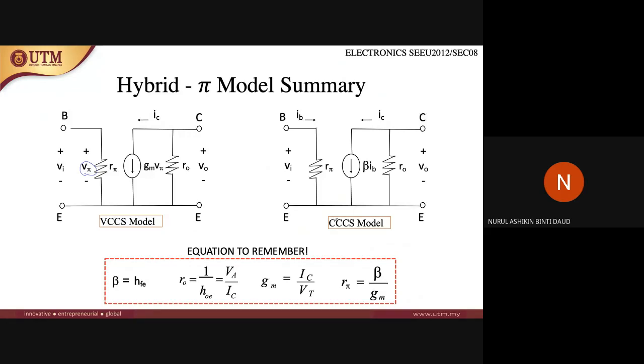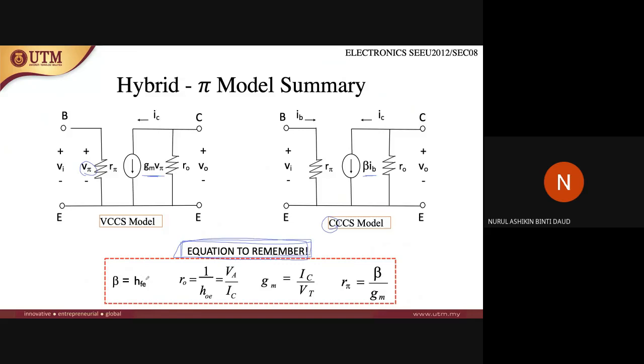This is CCCS, so remember the first letter C means current: the current at the base is controlling the current that flows inside the collector. In this case, we are using beta IB, while for VCCS, you are using gm V pi.